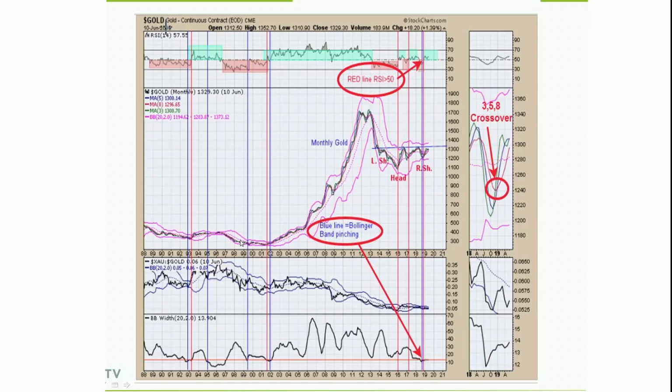This chart is gold going back to 1988, and what we're looking at actually is the bottom window, which is the Bollinger Band width. What it does is measure the width as a Bollinger Band squeeze. In other words, prices of gold are real narrow.